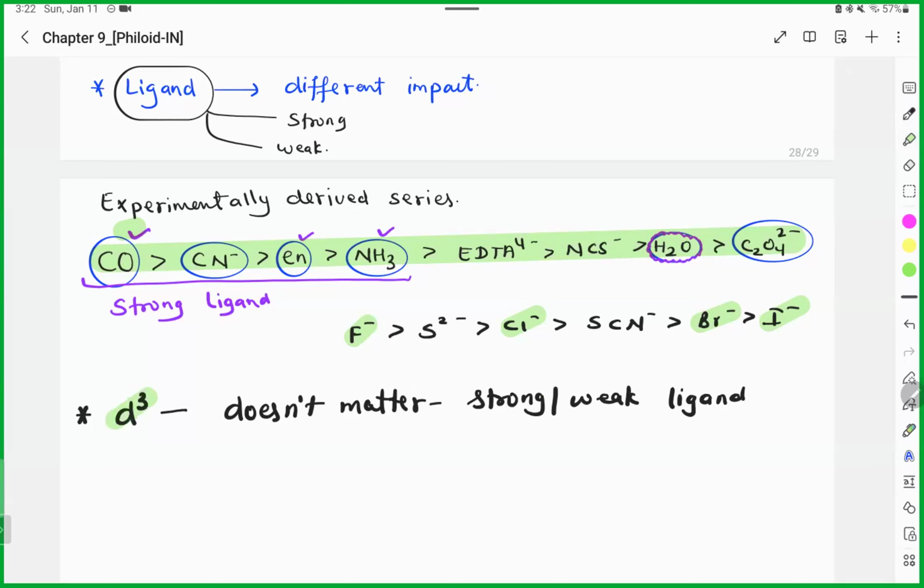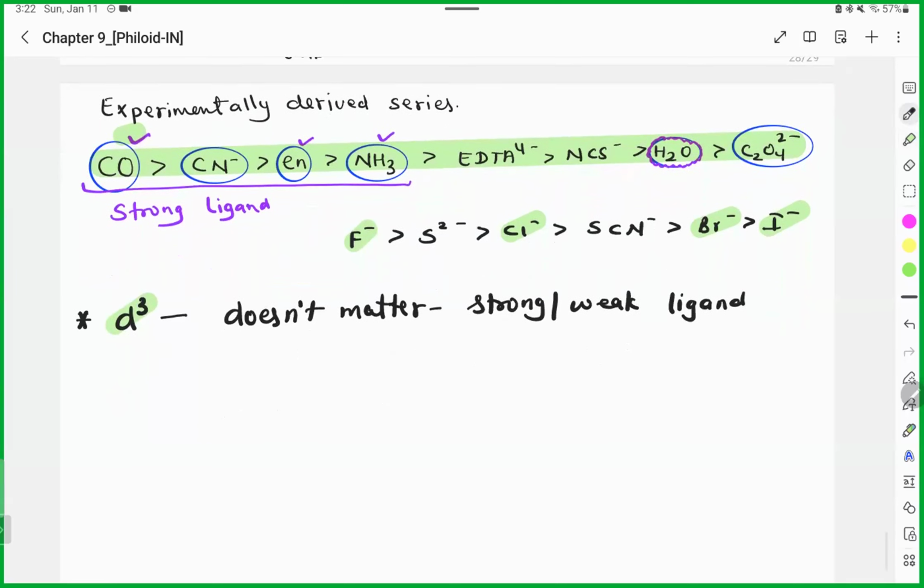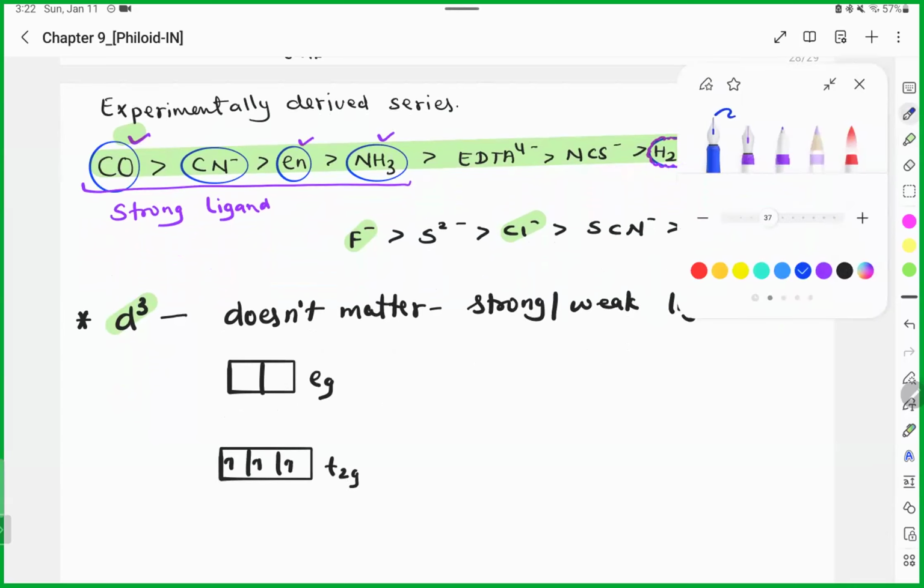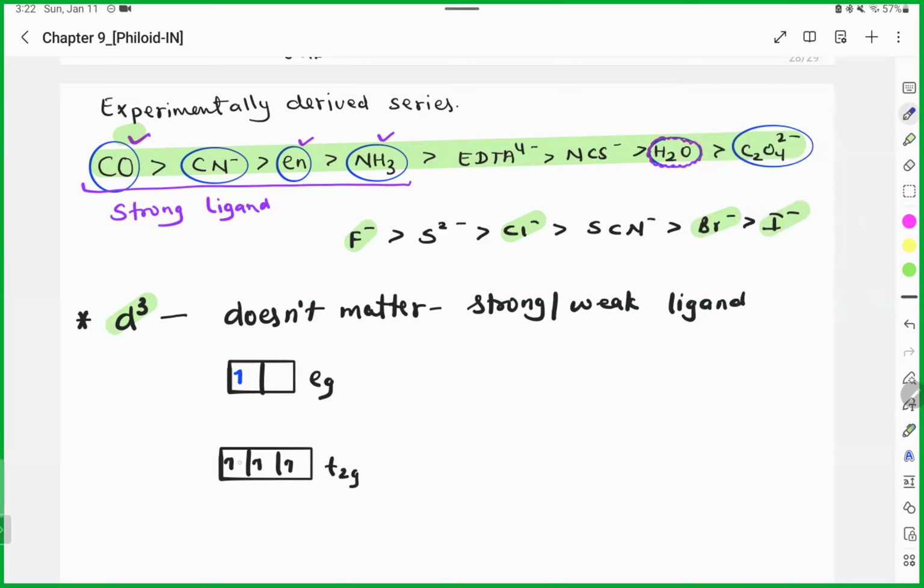If you have 3 electrons in the d orbital, you have this Eg, this will be T2g, and T2g will have lower energy, so electrons will be filled like this. We have an issue with the fourth electron, whether it will go to Eg or T2g, whether pairing will happen or not.